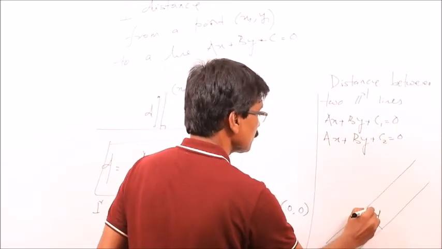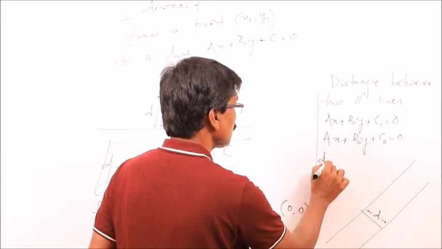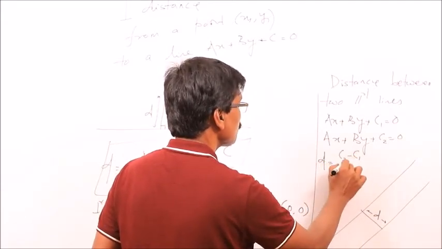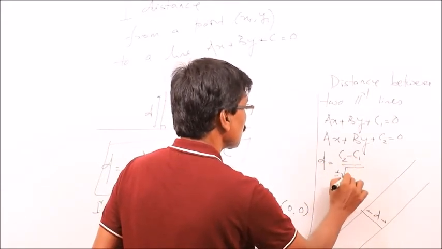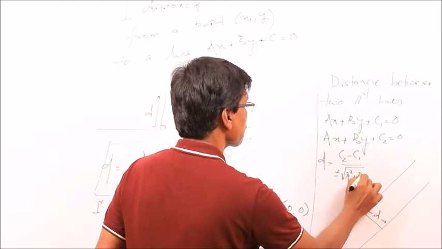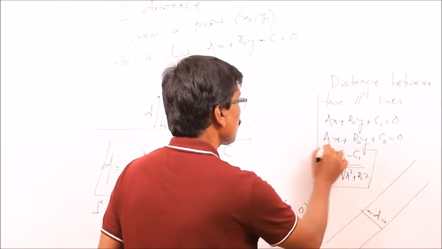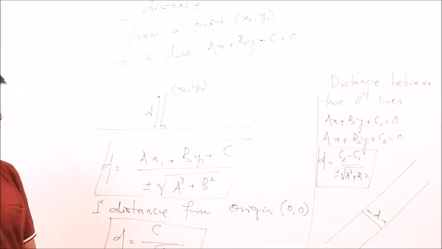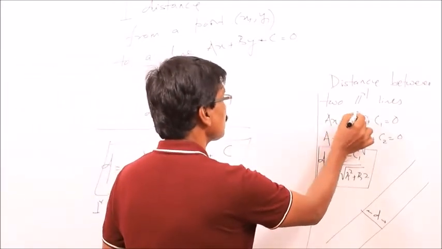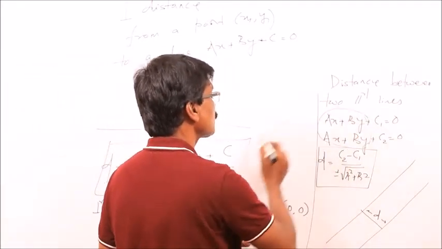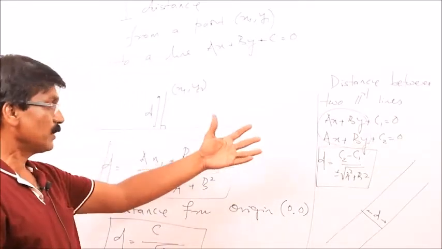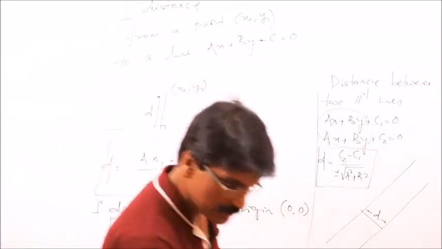So, the distance between these two parallel lines is c2 minus c1 by plus minus root over a square plus b square. Because two parallel lines always differ by a constant, the xy parts remain the same, only they differ by a constant. So, this is the perpendicular distance between two parallel lines.